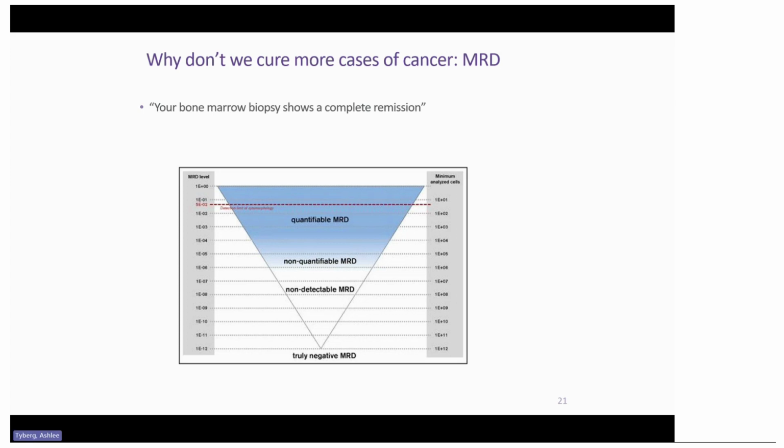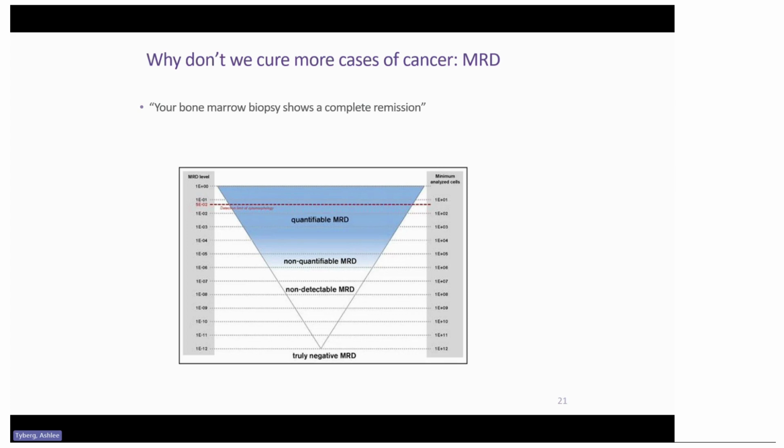But if you were to look under the microscope, the pathologist might say you're in remission. That's that red line there. But if you look with DNA technology by other techniques like FISH, PCR, or next gen sequencing, you'll get much lower down. And you can tell, 1 in a million cells, 1 in 10 million, 1 in 100 million, 1 in a billion, right? So this tool is called MRD, minimal residual disease.